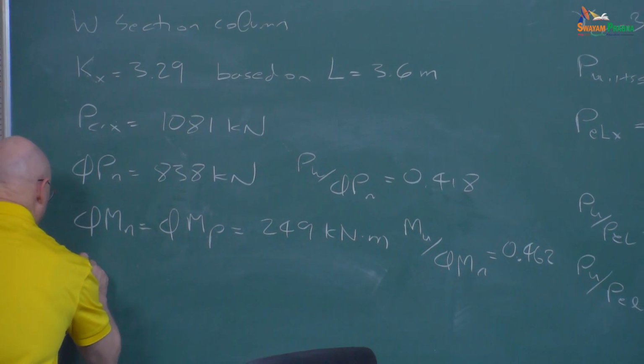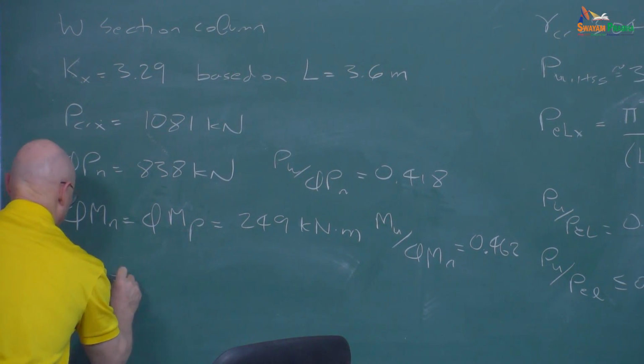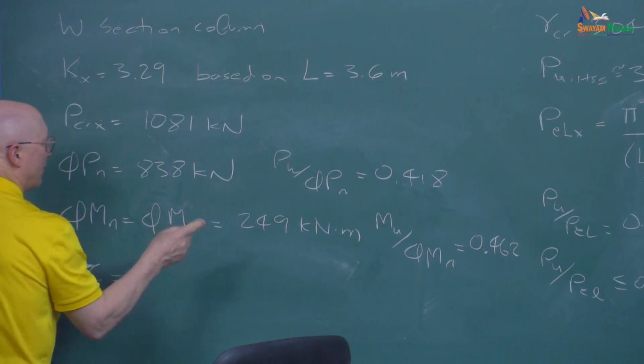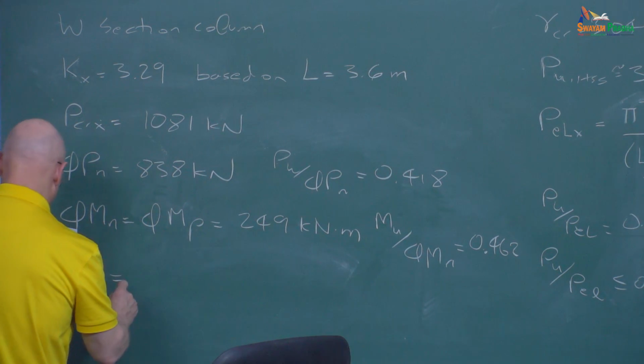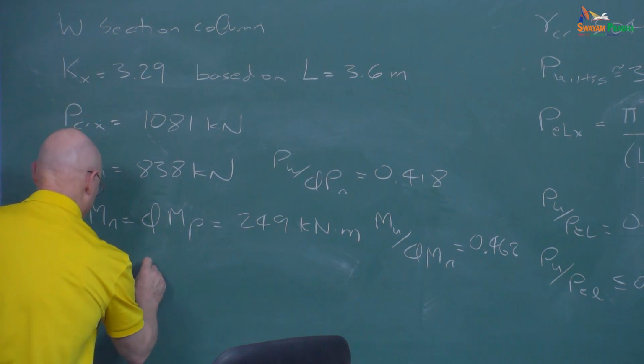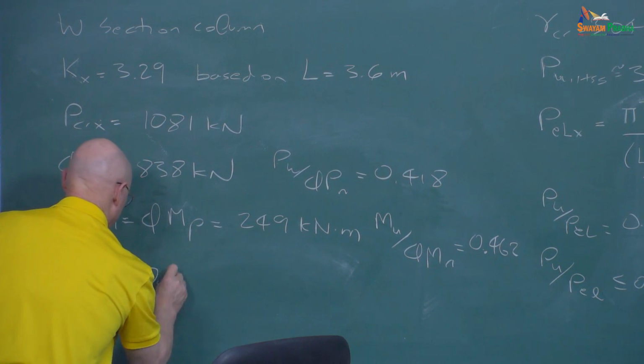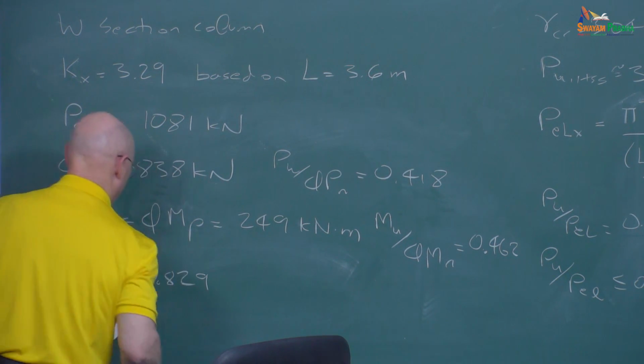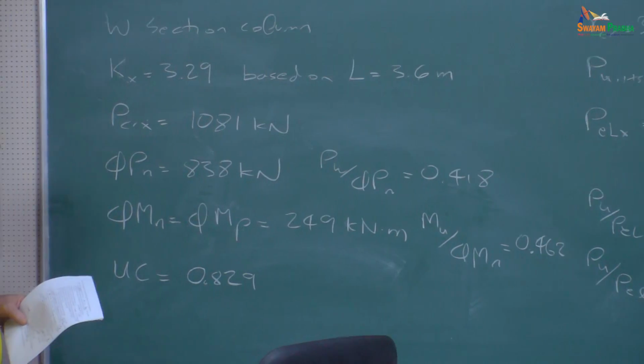And so the unity check, the beam column interaction from these, it's the bilinear equation in the AISC provisions, gives us 0.829 for the wide flange column.